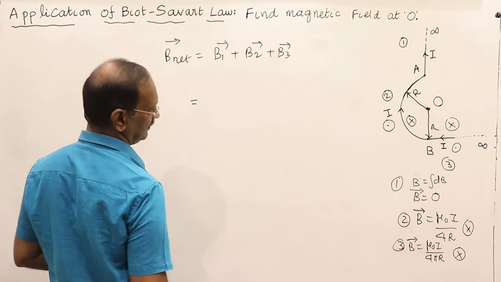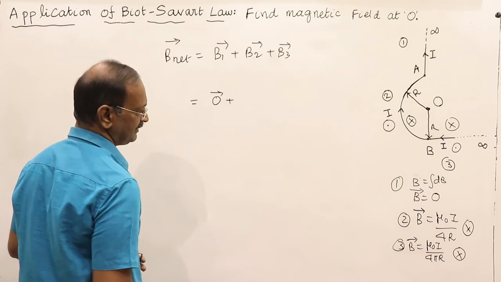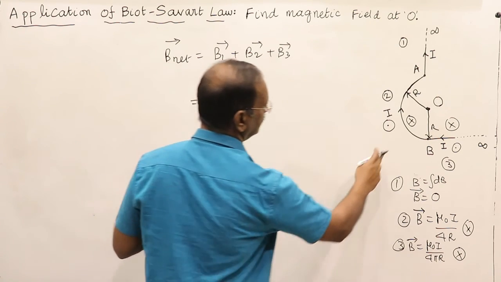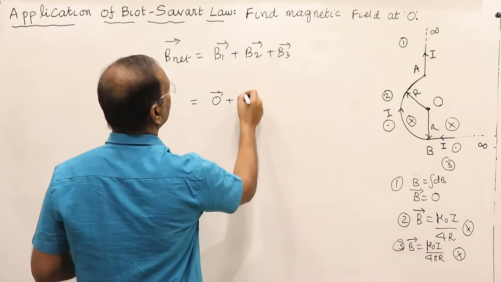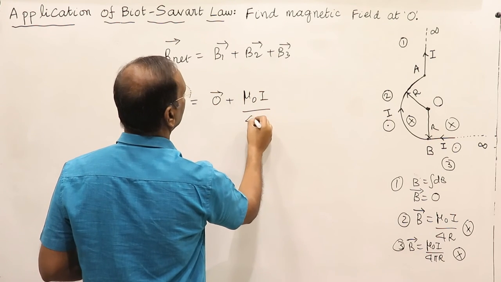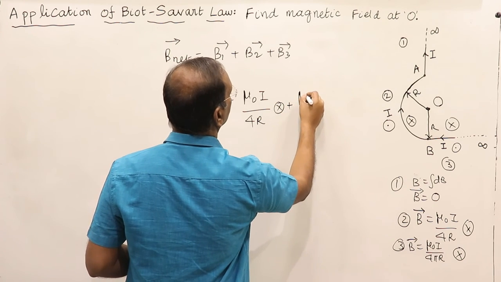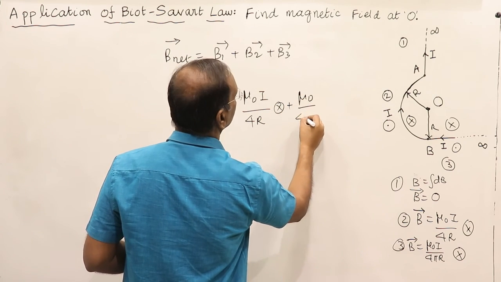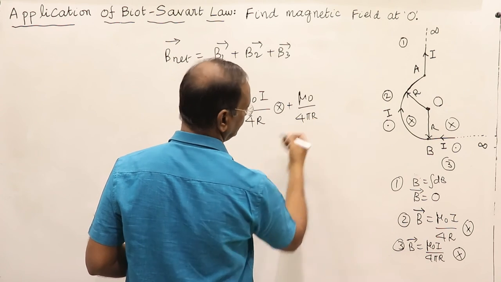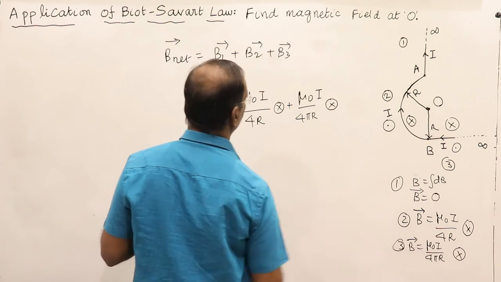B1 vector is equal to the null vector, plus B2, which is mu naught I divided by 4R into the plane of the board, plus B3, which is mu naught I by 4 pi R, also into the plane of the board.